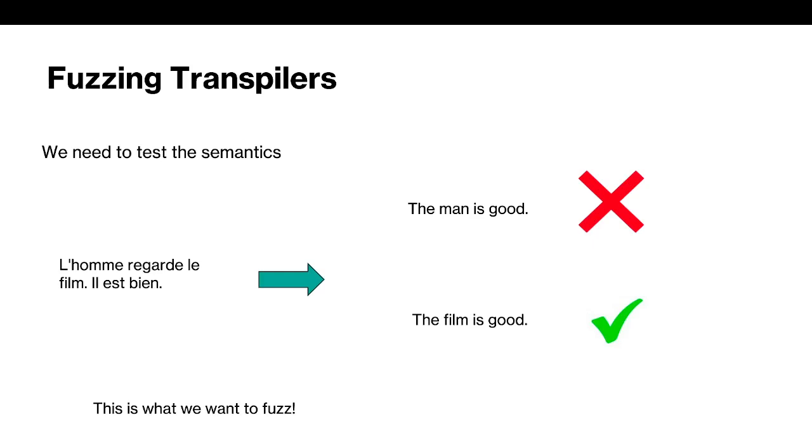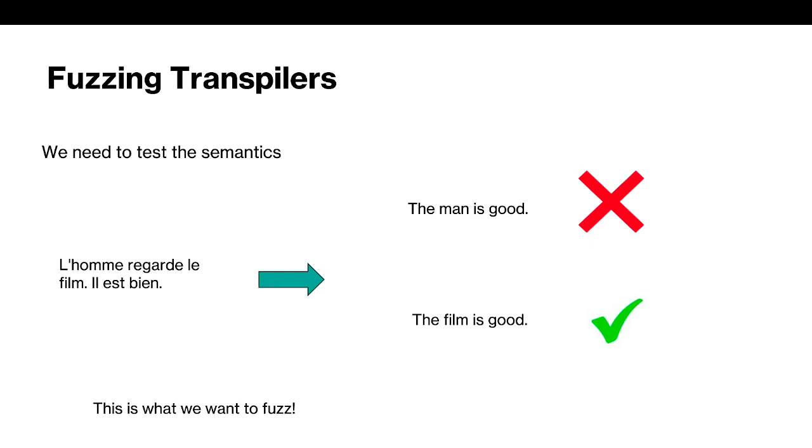In French, nouns have a concept of gender, so the gender of the pronoun used depends on the noun that it's referring to. So this phrase could translate in two ways. The second sentence, il est bien, could mean the man is good, or it could mean the film is good. Syntactically, either of them are correct.